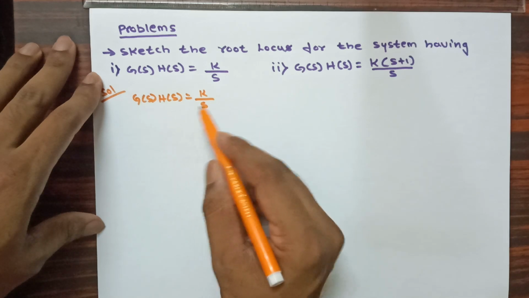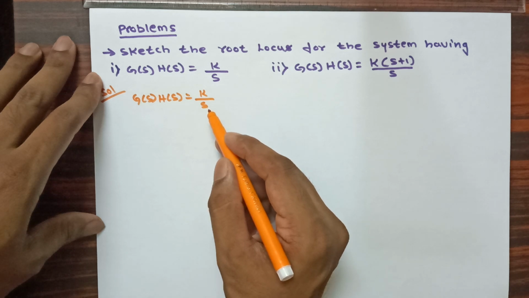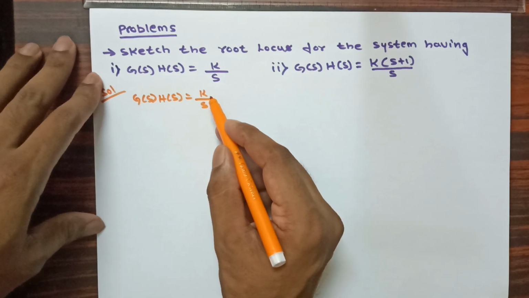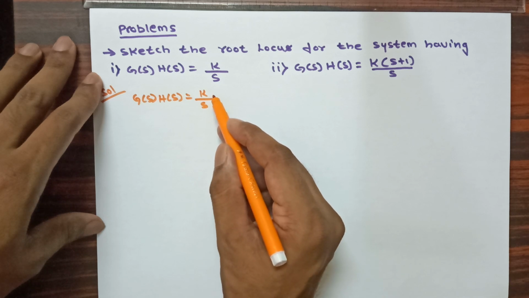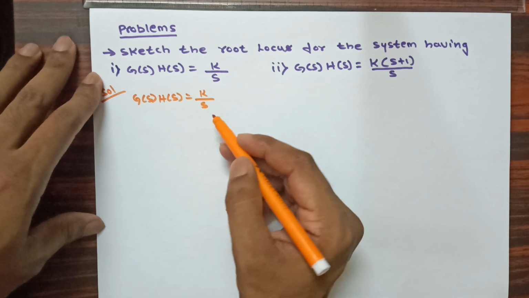In this open loop transfer function, only the denominator term s is given, that is only a pole, and he has not given any zero in the numerator. You can see that he has not given any s term in the numerator, therefore no zero value is given in this open loop transfer function.